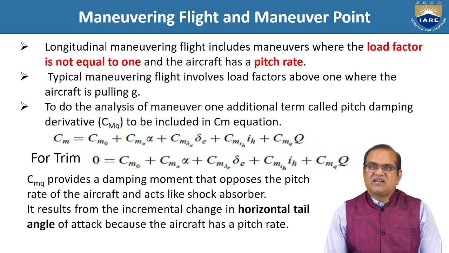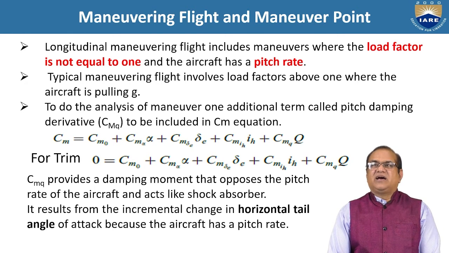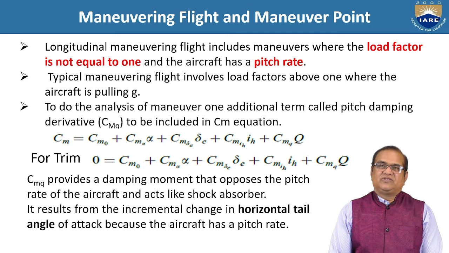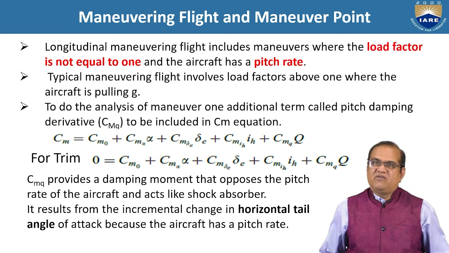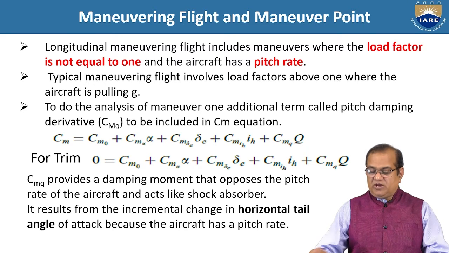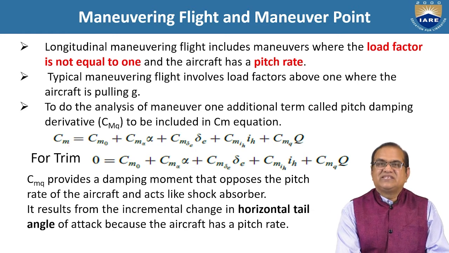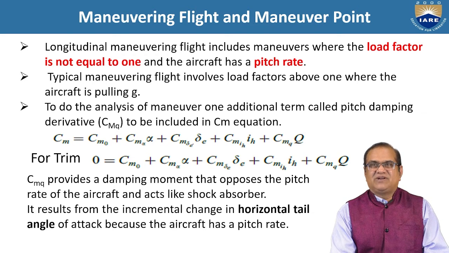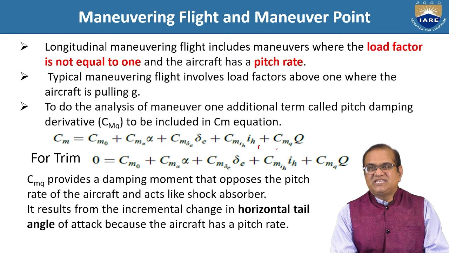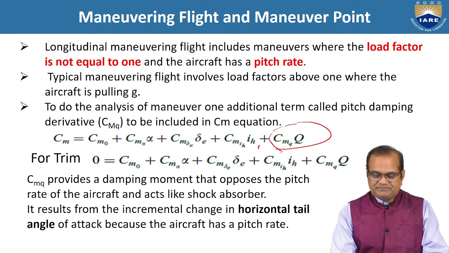To do the analysis of maneuvering, one additional term is needed, called the pitch damping derivative, that is CMQ. This one new term is involved in this equation. Previously we have seen that Cm is equal to Cm naught plus Cm alpha into alpha plus Cm delta E into delta E plus Cm iH into iH, but this new term CMQ we have added here.